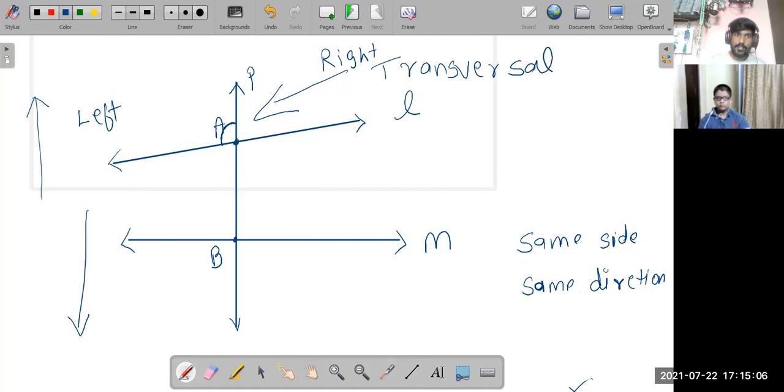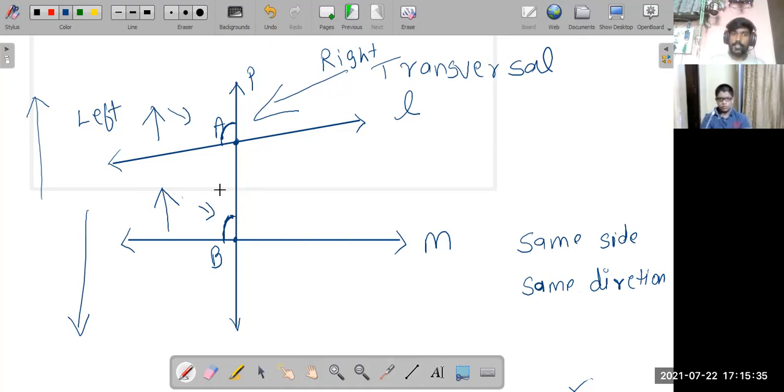This angle and this angle. First of all, are these two angles on the same side? Yes, both of them are on the left side. Are they in the same direction? Yes, both are facing upwards. So these two angles will be called corresponding angles.